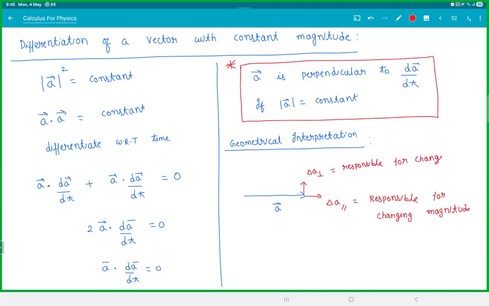Now, generally both will happen at the same time. Your magnitude is changing, your direction is changing. So yeah, it works out. But now you're saying the mod A bar is constant, meaning you're saying the magnitude cannot change. Then you don't have an option, right? Then there is only one way since the magnitude is constant.